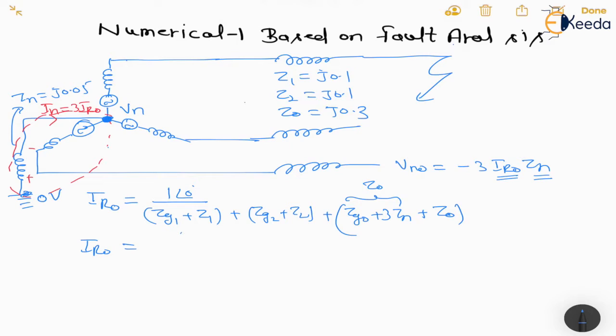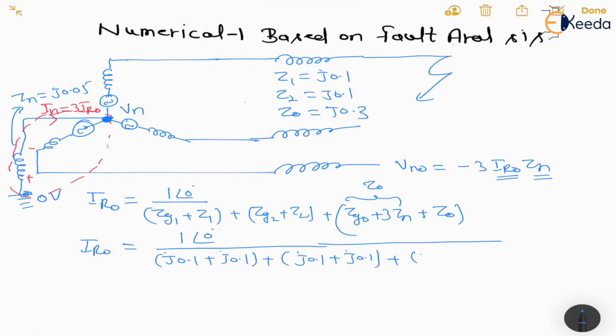So putting all these values, IR0 will be equal to 1 at the angle of 0 upon Zg1 value, J0.1, plus Z1, J0.1, plus Zg2, J0.1, plus Z2, J0.1, plus Zg0, J0.04, plus 3 into Zn, which means J0.05 into 3, plus Z0 value.